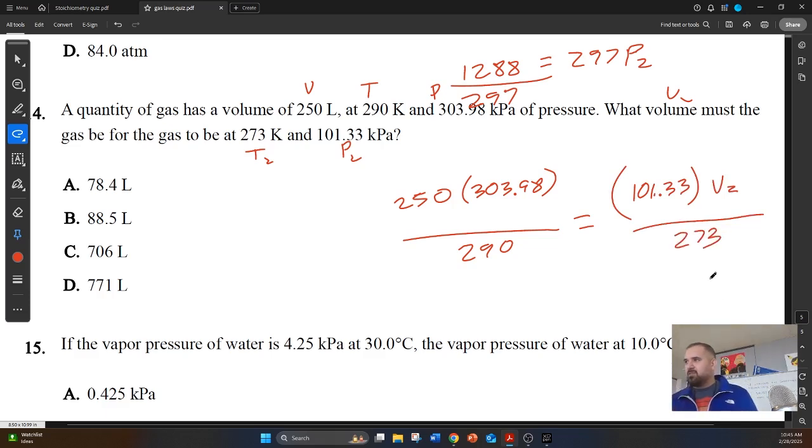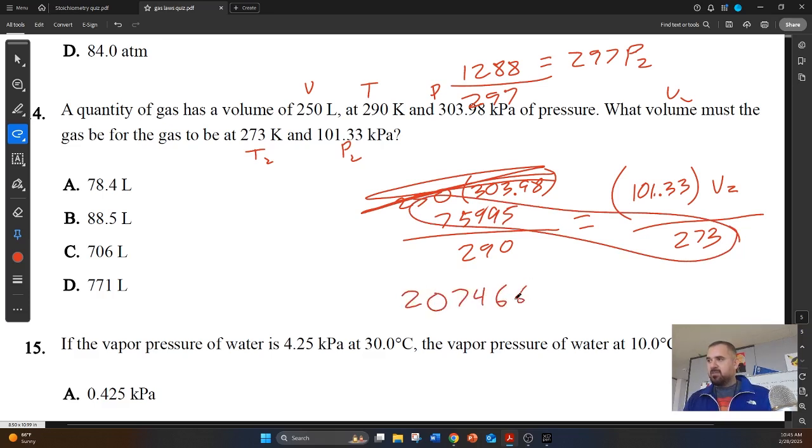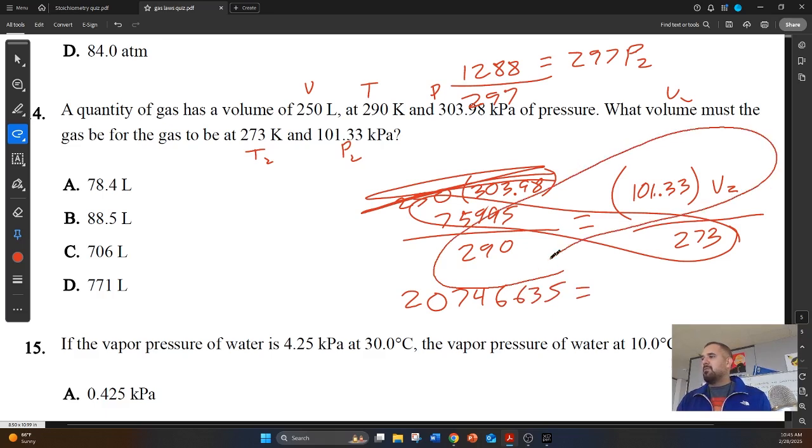So first we're going to make sure we have one number in each corner. So 250 times 303.98, which gives us 75,995. This goes away. Then we cross multiply. So that number times 273, and that gives us 20,746,635, and that's going to equal 290 times 101.33 V2.